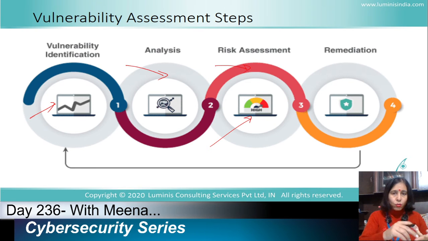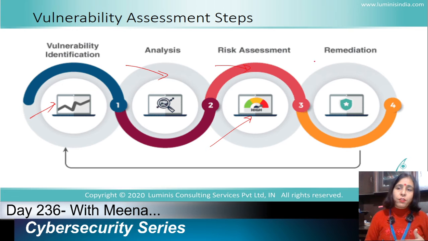If it is lost, what will be the damage: financial damage to the organization, reputational damage, and many other kinds of damage, or maybe business disruption. A lot of things will happen if such vulnerabilities are exposed in front of the users, and if they take advantage of it. So risk assessment is also included.